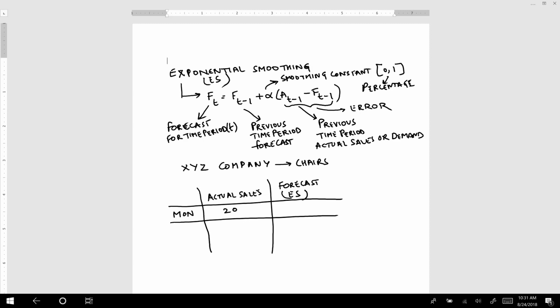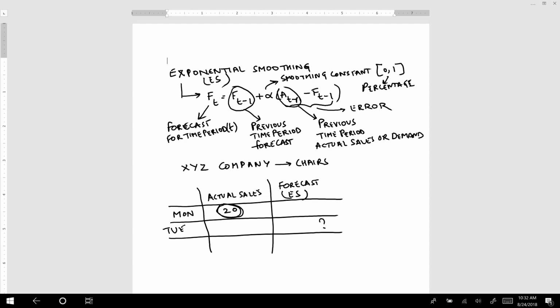So if you see, we have actual sales and we want to predict maybe Tuesday's forecast. What would it be? We have the actual value of the previous time period, which is my A of t minus 1 here. And then for the forecast, we need the previous time period forecast.